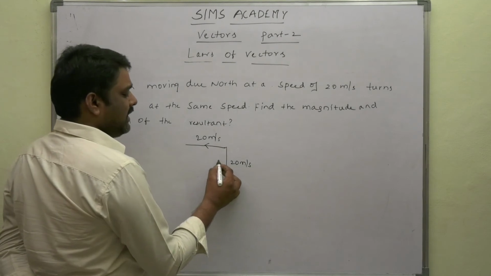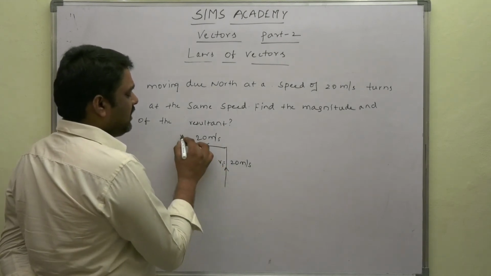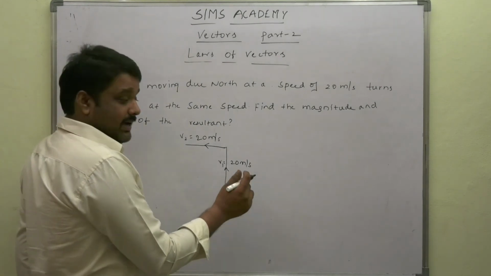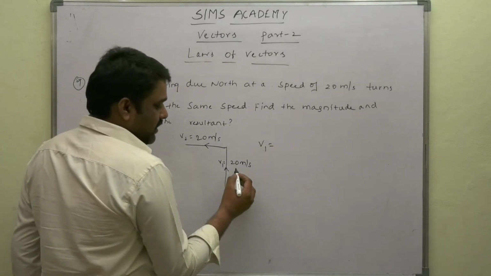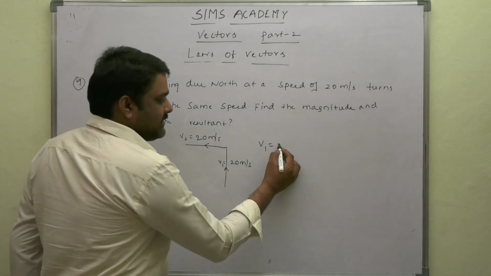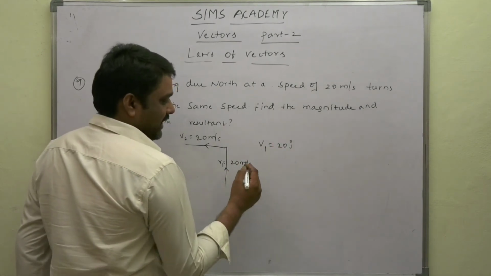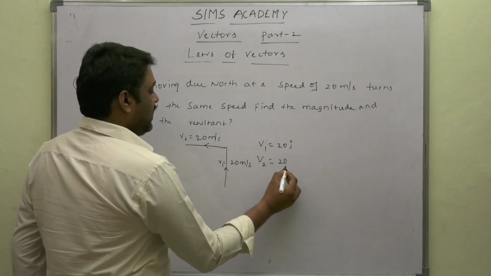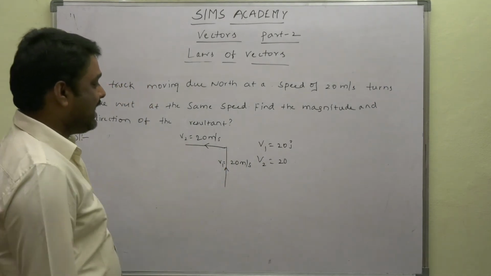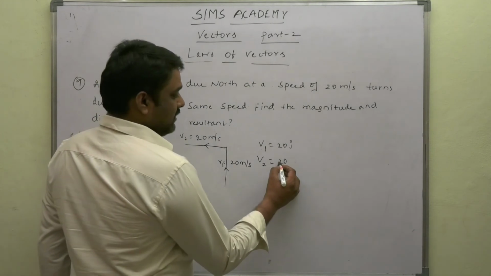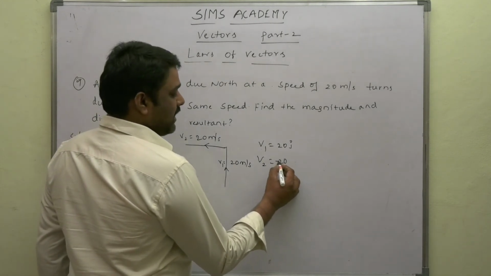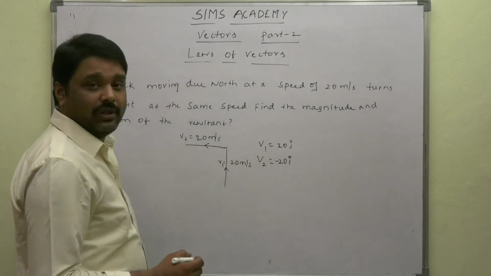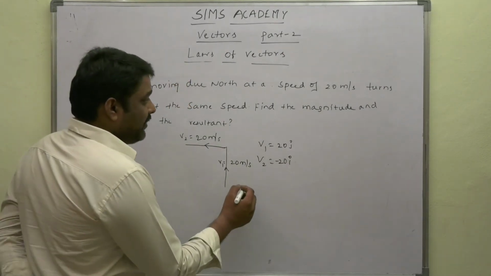Okay, let us say it has V1, V2. If we write in terms of vectors here, V1 equals, it is along the y-axis, then we get 20j. And V2, it is along the negative axis of x, then we get 20 into minus i, minus 20i. Now, what is the change in the velocity?